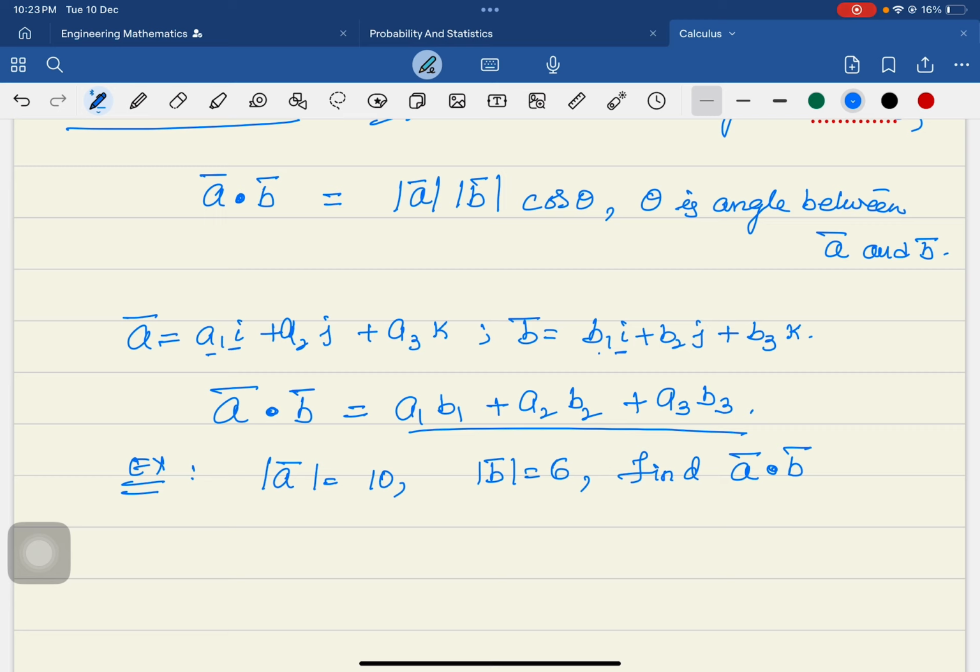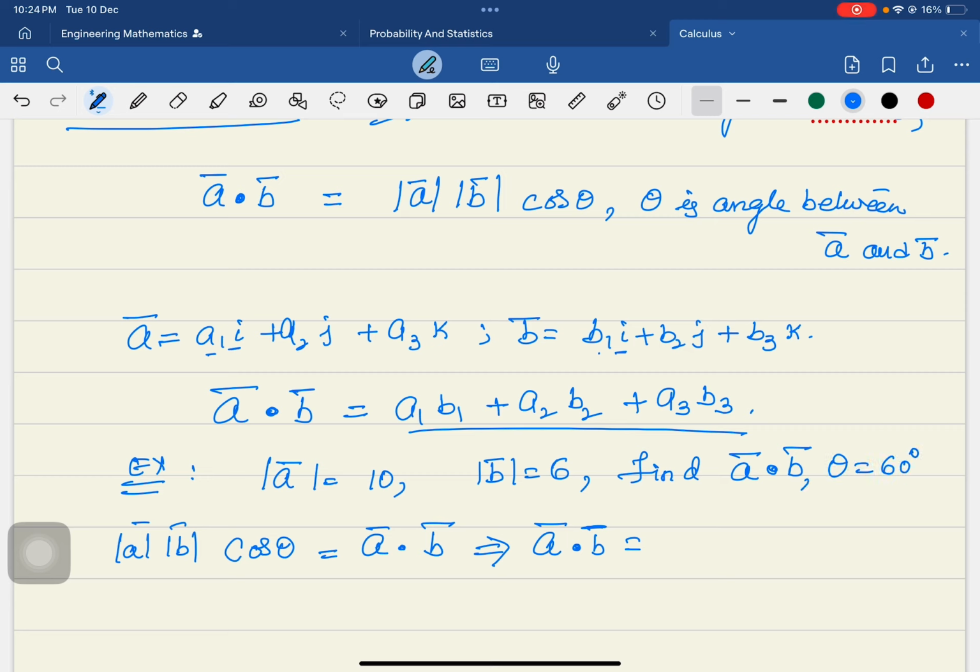So what is given now? A dot B is equal to mod A mod B cosine theta. Find A dot B if theta is equal to 60 degrees.